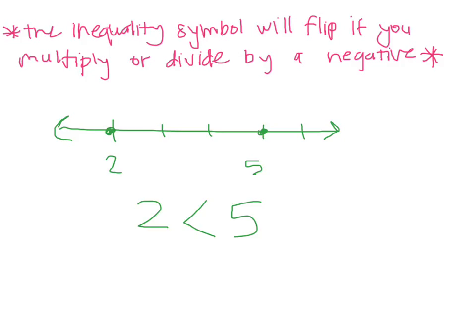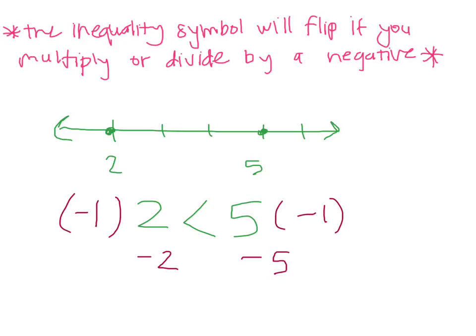Well, what if I decide to multiply both sides by -1? I know that a negative times a positive is a negative. So this is going to become -2 and -5.